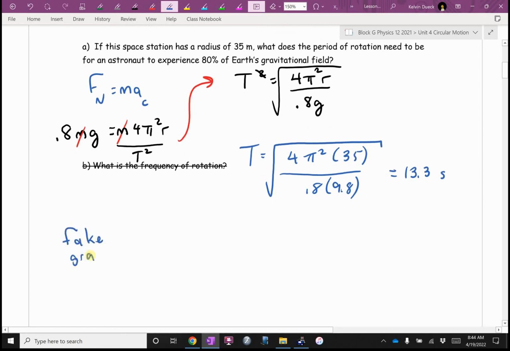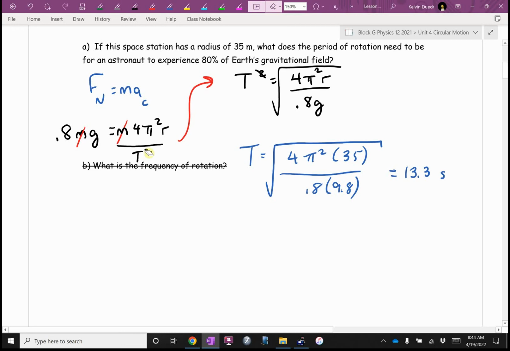Fake gravity equals m 4 pi squared r over T squared. So as this gets bigger, if it's taking longer to go around, what happens to this as an answer? Smaller. Okay, so the more time it takes to go around, the weaker gravity is. The less time it takes to go around, the stronger gravity is. That's kind of cool.